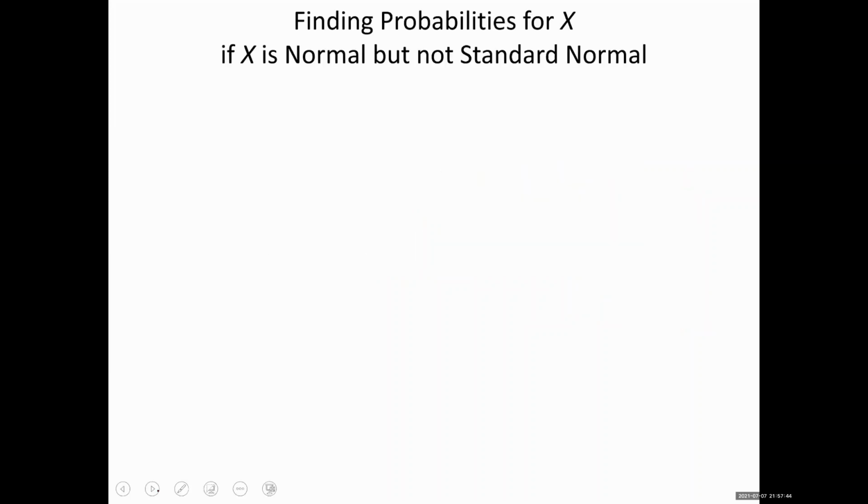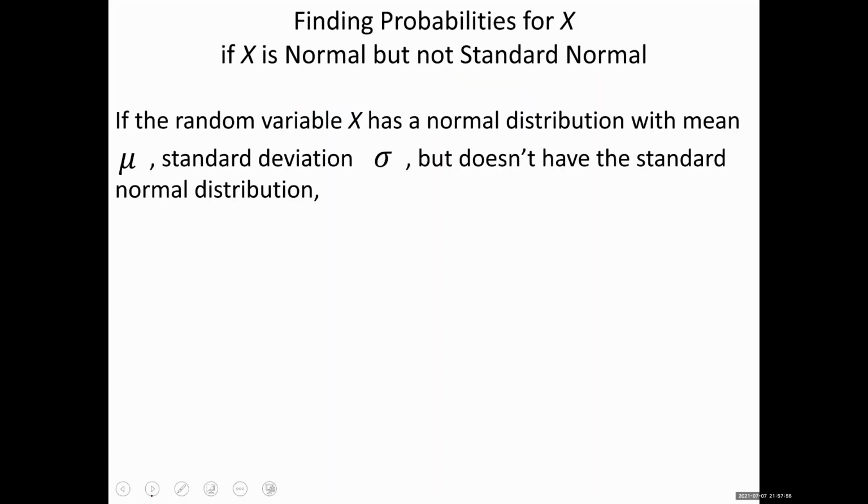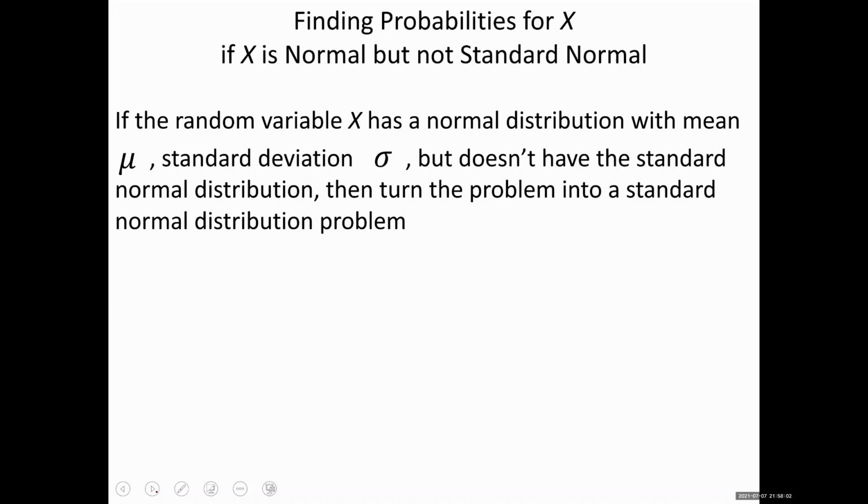So let's go and read this here. Finding probabilities for the random variable x if x is normal but not standard normal. What do you do? If the random variable x has a normal distribution with mean mu and standard deviation sigma, but doesn't have the standard normal distribution, you turn it into a standard normal distribution problem by using something called a z transformation.